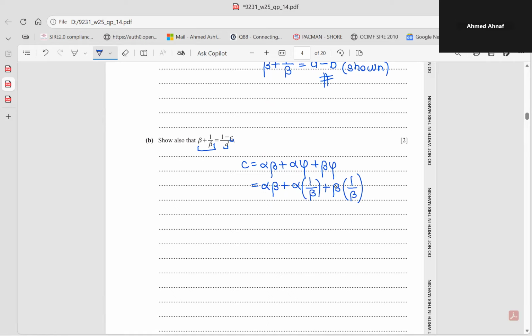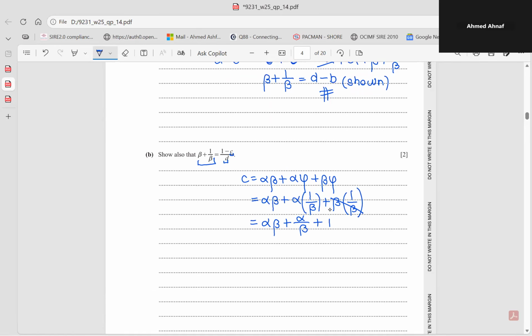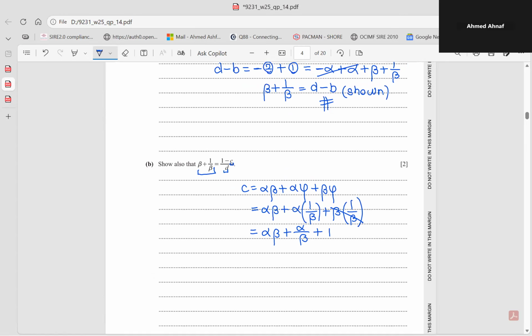So the last term is just 1. After simplifying, we get alpha beta plus alpha over beta plus 1.